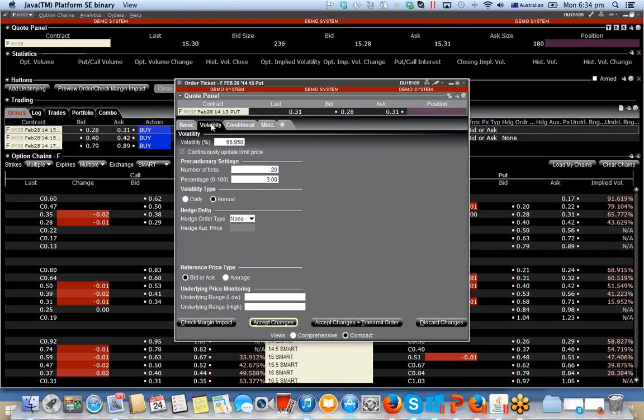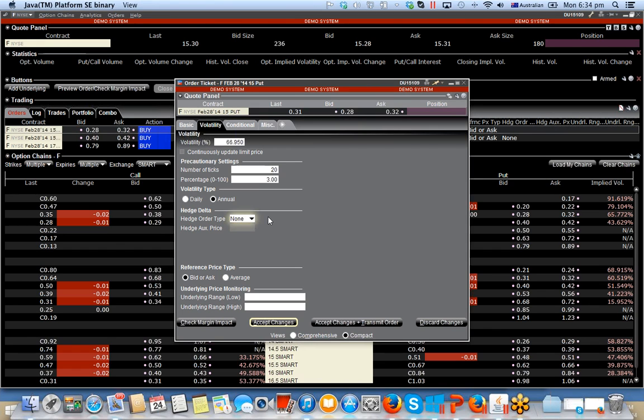Then you can click on volatility itself, and you can see volatility over here, which you can actually adjust. Right. So there are other functions which you can use with volatility type. In this case, you can change volatility type from daily to annual. Normally, you use annual volatility type, and you can create as well some features such as hedge delta using futures, for instance.